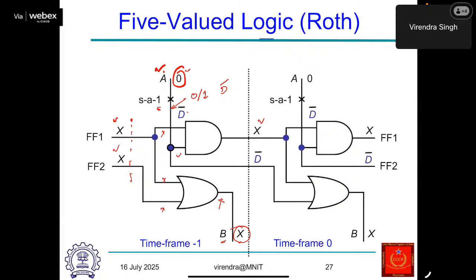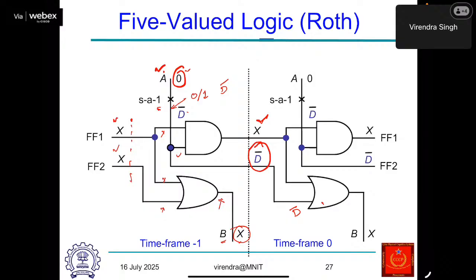Here it is not propagated to the pseudo primary output, but this direct input is also going to this OR gate, wherein this fault effect is propagated over here as D bar. Now it is propagated here as D bar. D bar means the fault free output is 0, faulty output is 1.